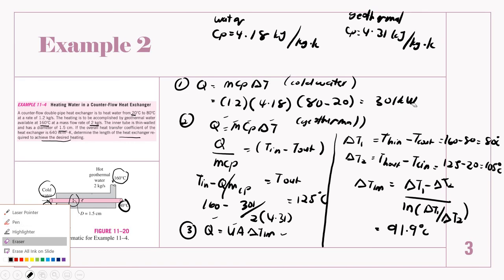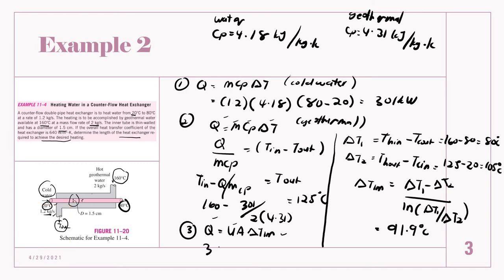We have kilowatt, right, at this part. So you need to convert to watt. So U is 640, area, the one that we need to determine, 91.9. So area becomes 5.12 meters squared.